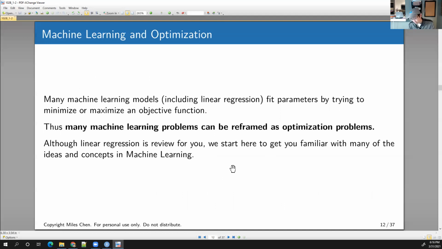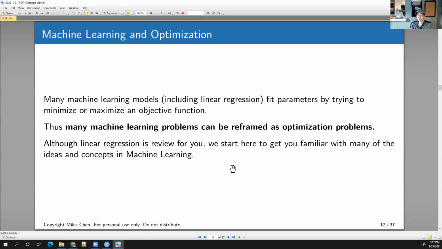A lot of machine learning models, and that includes linear regression, are done by trying to fit parameters that minimize or maximize some kind of objective function. So a lot of these machine learning problems can be reframed as optimization problems. We're trying to optimize some kind of function.